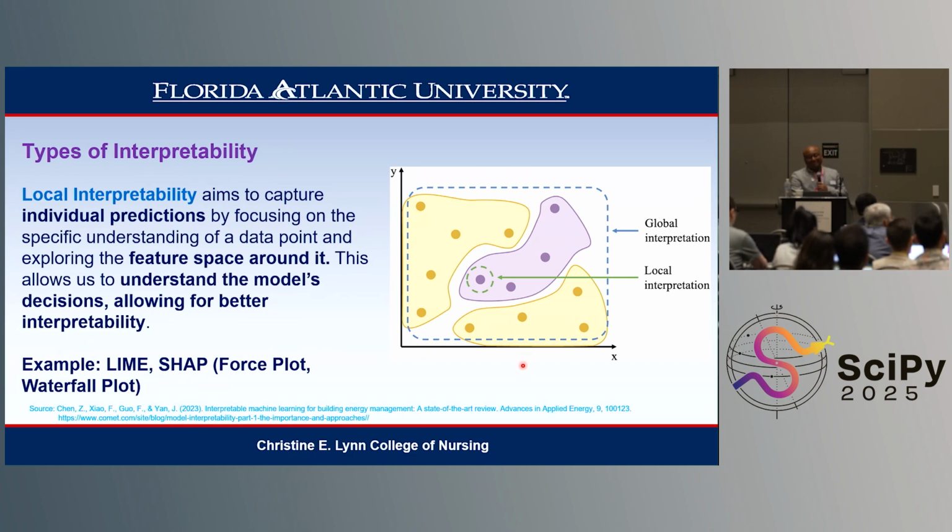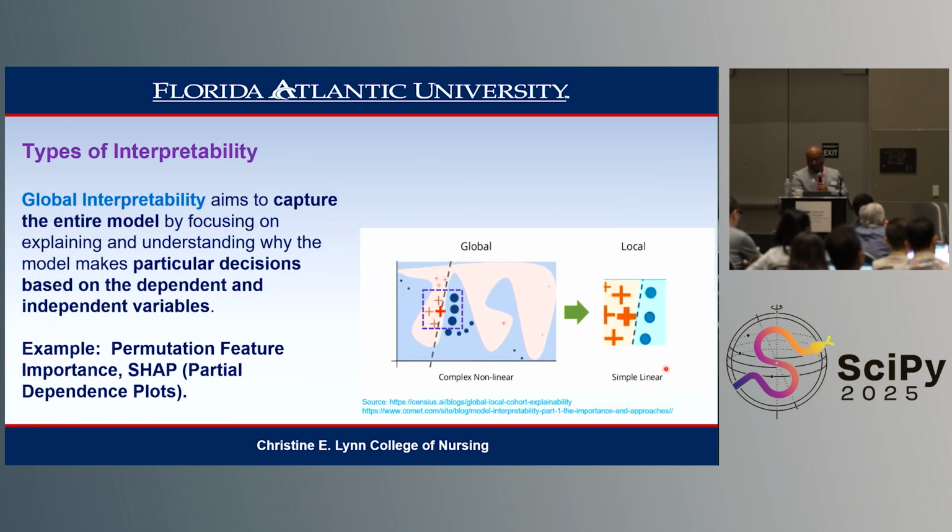Maybe you want to see the decision for a subpopulation, maybe 500 people among the 5,000. Local interpretation cares little or not at all about the structure of the model and treats it as a black box model.